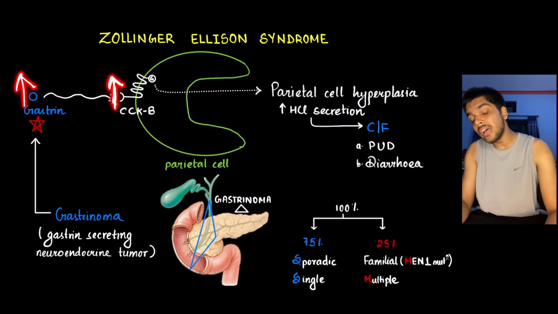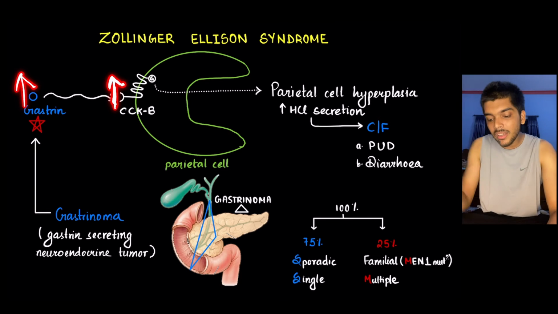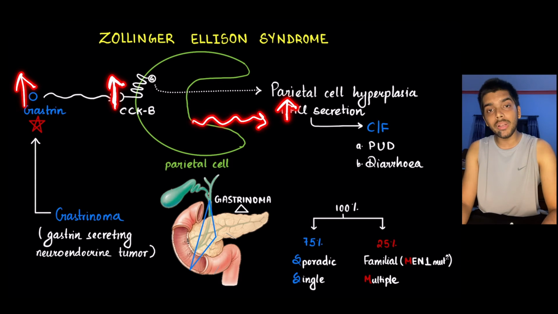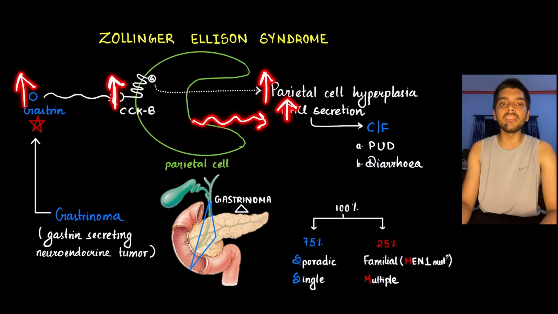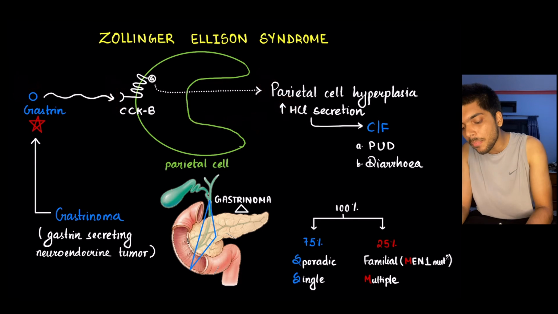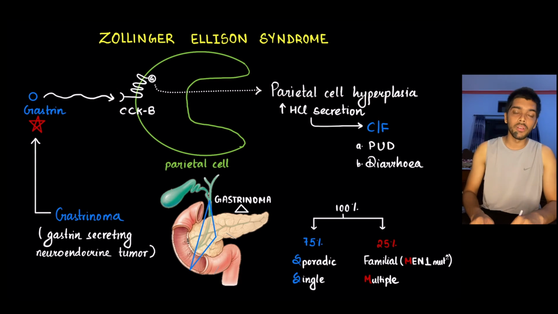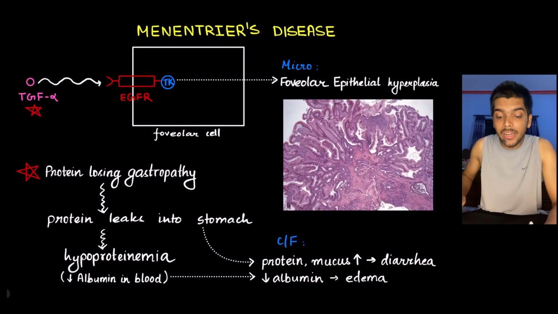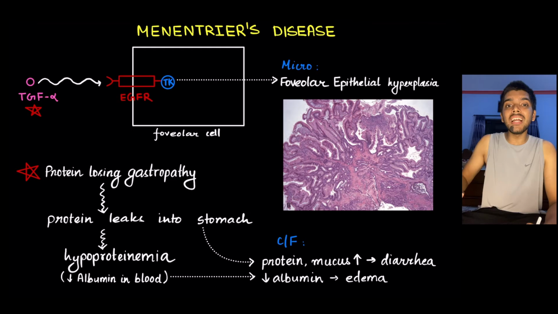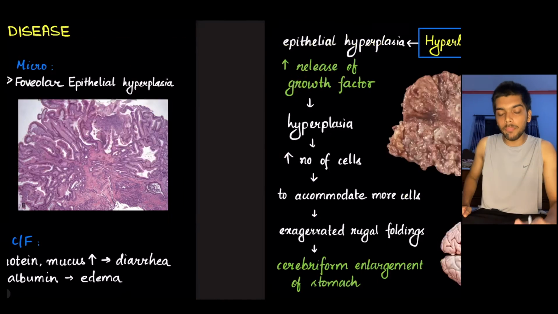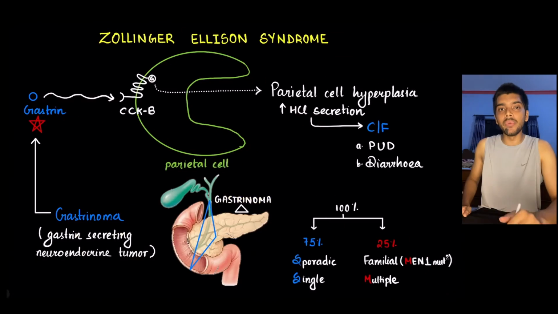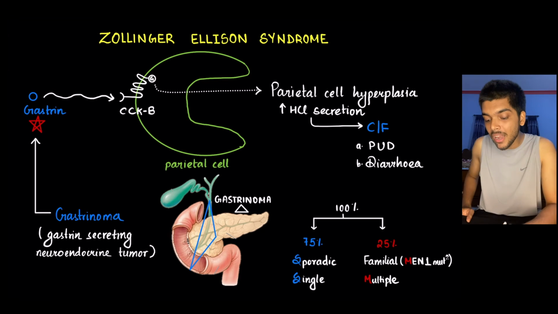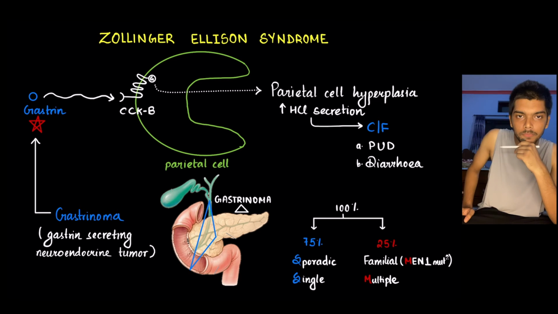That means the end result is also going to increase. There is going to be increased release of HCl from the parietal cell as well as increased number of parietal cell due to increased division, and this is parietal cell hyperplasia. So once more, in Menetrier disease, there was increment in TGF alpha, which resulted in foveolar cell hyperplasia. In Zollinger-Ellison syndrome, there is abnormal increment in gastrin hormone that results in parietal cell hyperplasia.